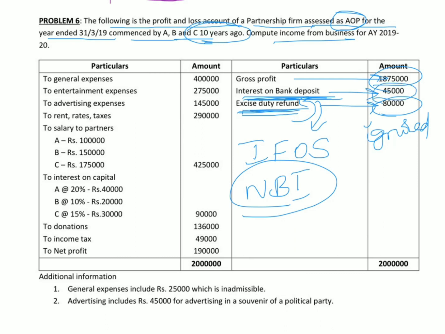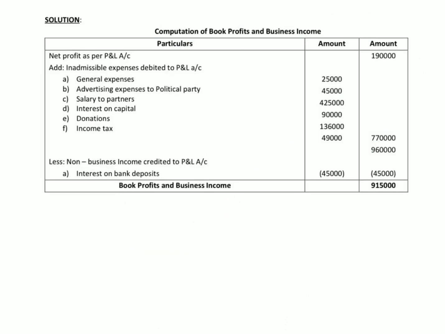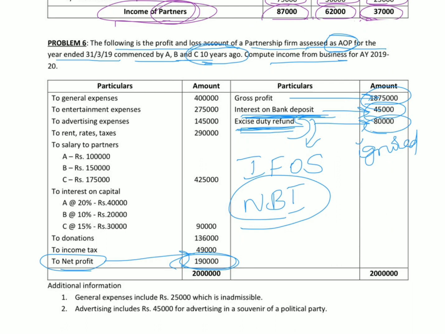Now let's first check how much income we have. So we have a net profit of 1,90,000, right? On the debit side, we have general expenses. Whenever they give general expense, it is a normal expense of the firm.